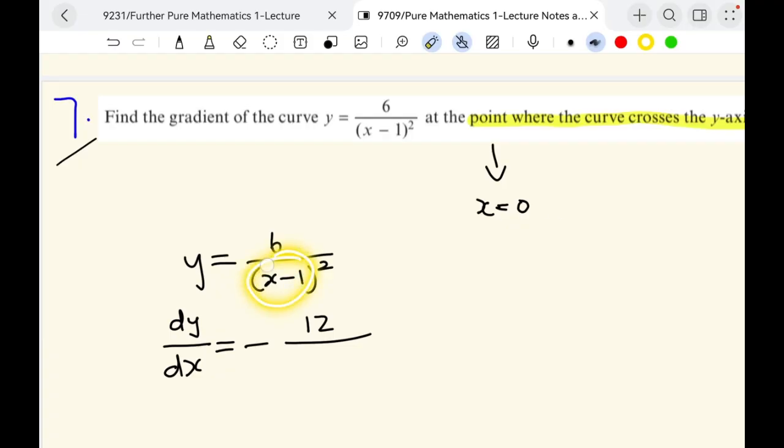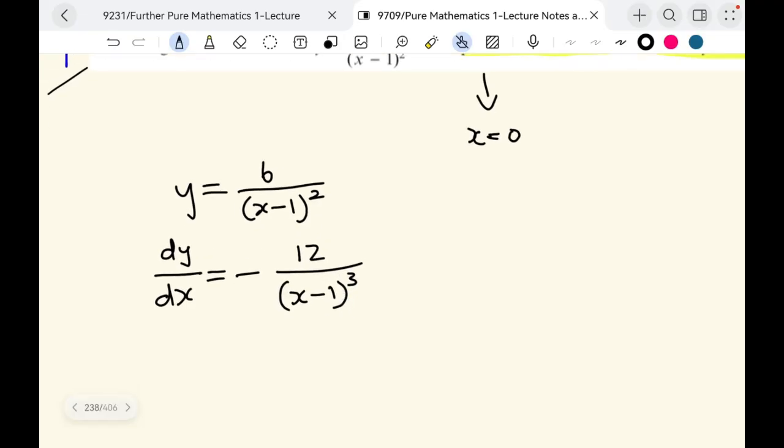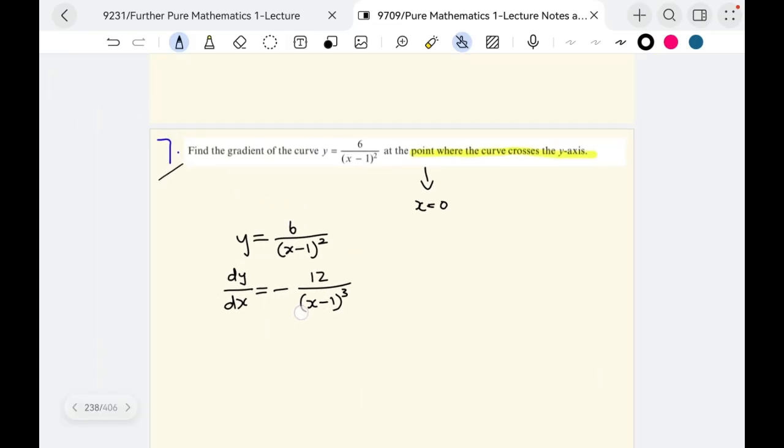It doesn't matter because the derivative of x minus 1 is 1. So you get x minus 1, but the degree increases for the differentiation of the reciprocal function, which is 3. So this is your derivative, the gradient of the curve.